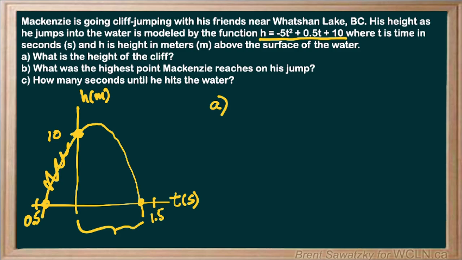But the bottom line is where that y-intercept is where we start off. So at the y-intercept, or when time equals 0, just justifying our way of thinking about this, we see that y is equal to 10 meters.